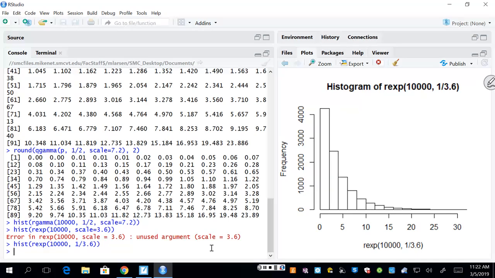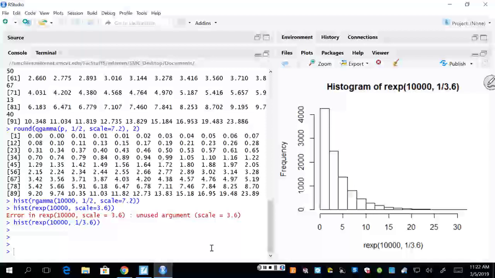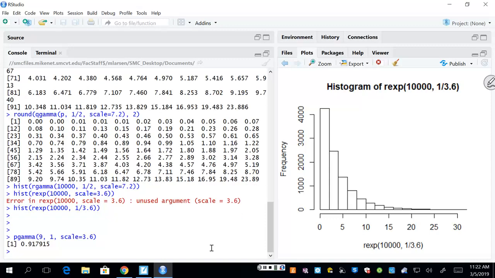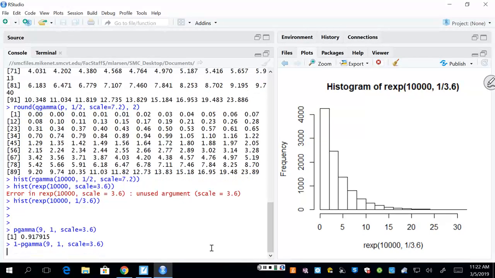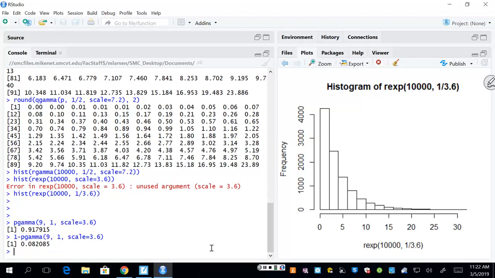So in R, right, there's this pgamma. It's a cumulative probability of gamma. So if you put a 9, and then our parameters, for the exponential, called a scale, 3.6. And 1 minus that is the probability you're above 9. So it's about 8%.